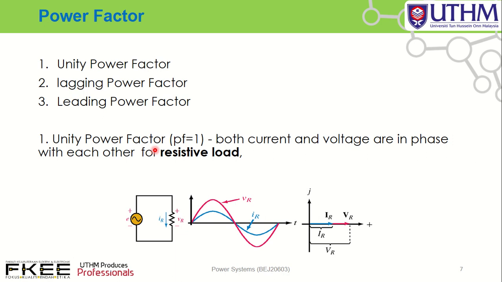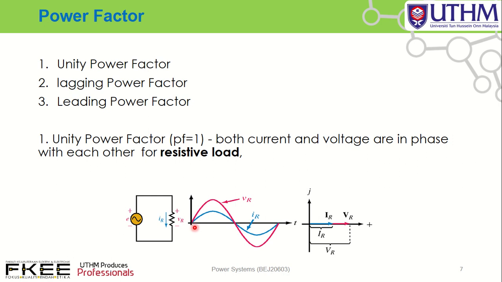Unity power factor means power factor equal to 1. It means that both current and voltage are in phase with each other for resistive load. Let's say we have a sinusoidal supply connected to the resistor.